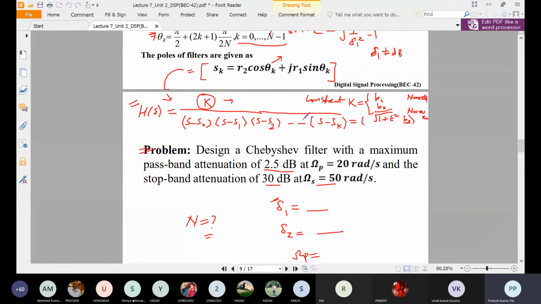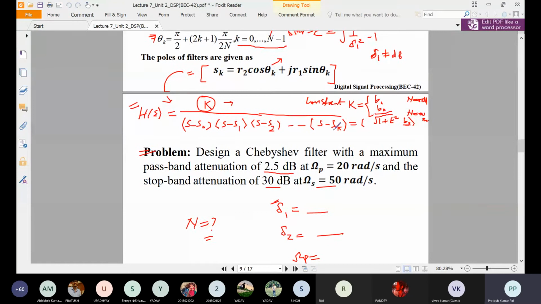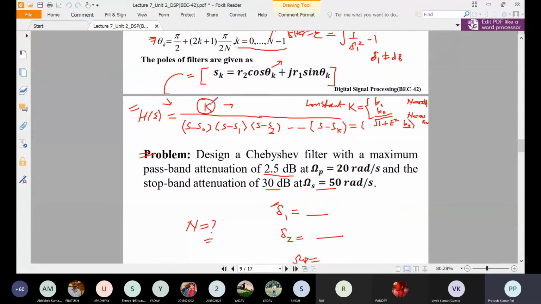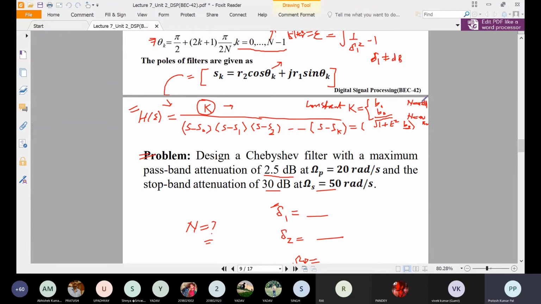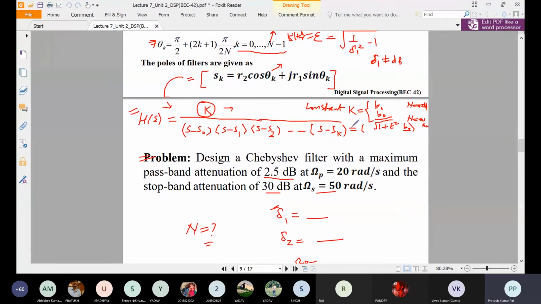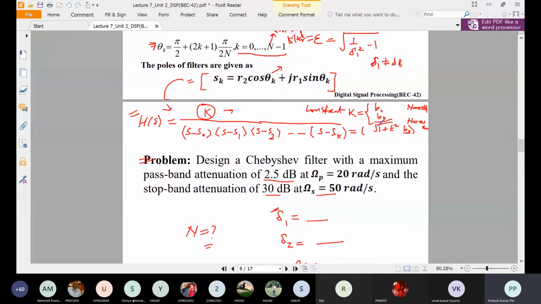Suppose there are k locations, then this will be the multiplication. After multiplying and simplifying, whatever constant value comes out will be your numerator value. If n is even, whatever constant comes after expansion will be divided by under root 1 plus epsilon square, and that will be your k value.